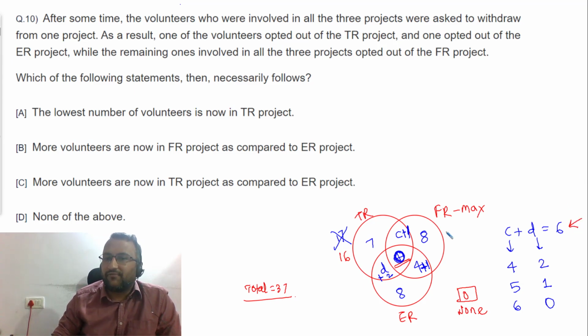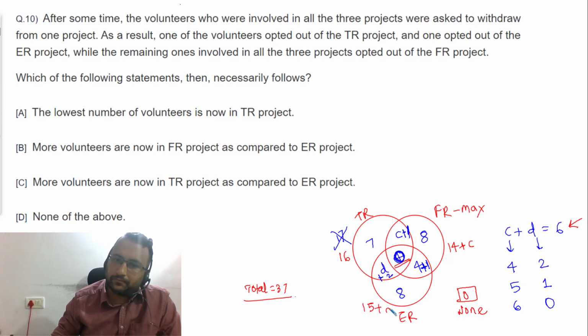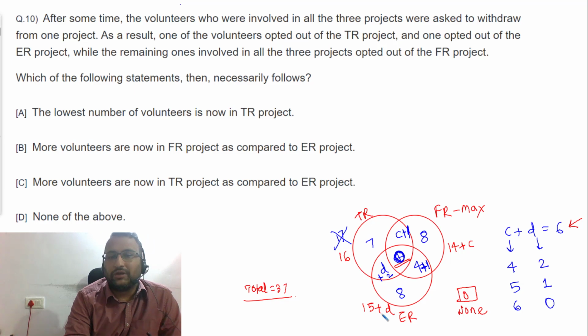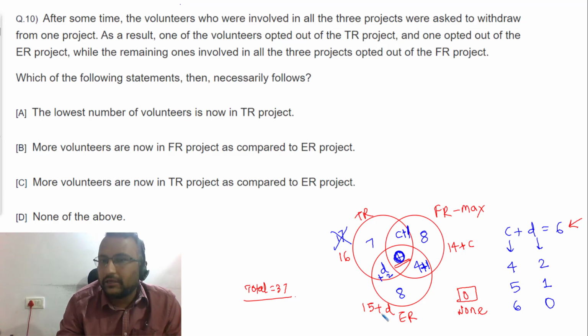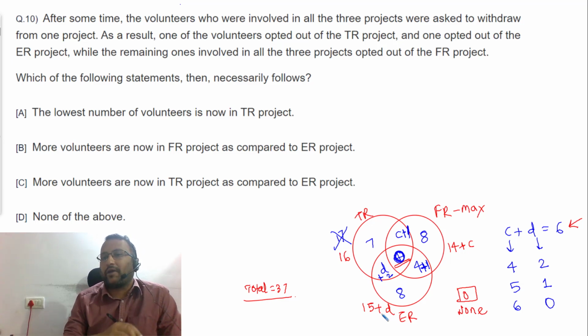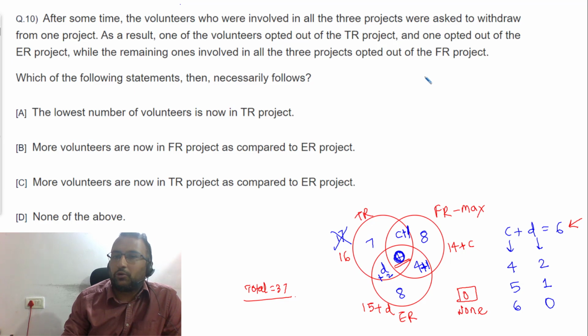The total of FR is equal to 12, 13, 14 plus C. The total of ER is supposed to be 12 plus 3, 15 plus D. So we need to compare the number of volunteers working under each project. How can we do this? Let's have a look at it. The total of TR, FR and ER.